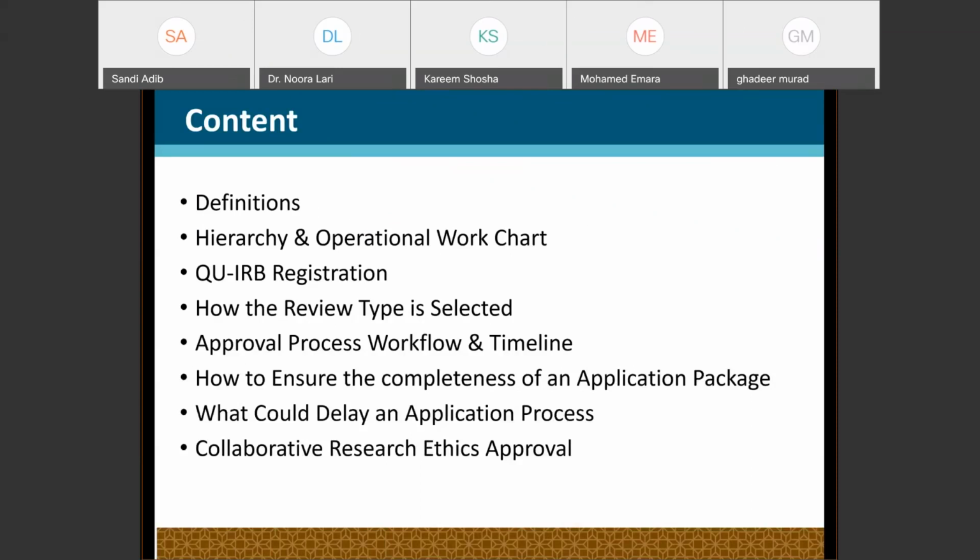We will also give some hints on how to ensure the completeness of your application package before you submit. We will also give some examples of an application process that you can follow so you can save time. Lastly, I will give some advice on the collaborative research ethics approval that is required by the Ministry of Public Health.